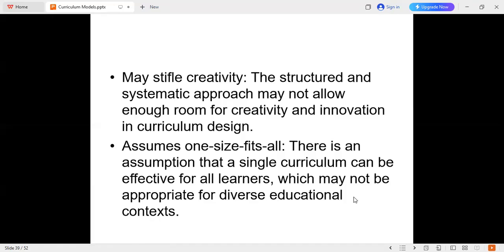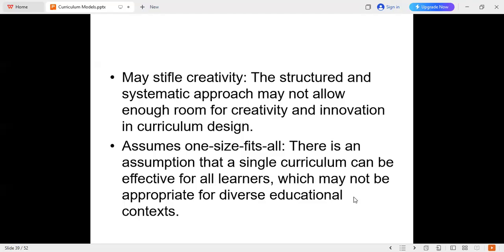What they are trying to say is that, for the expectations of the 21st century, we can't fully use these curriculum models to design a 21st century curriculum.